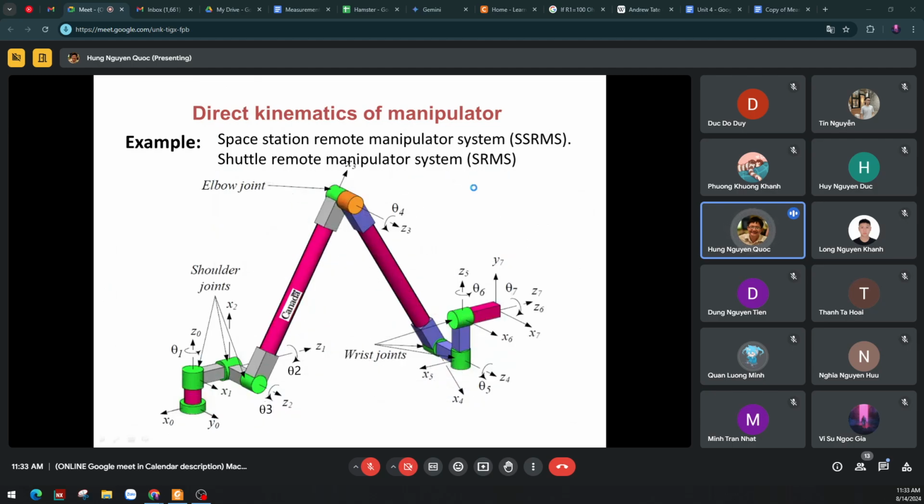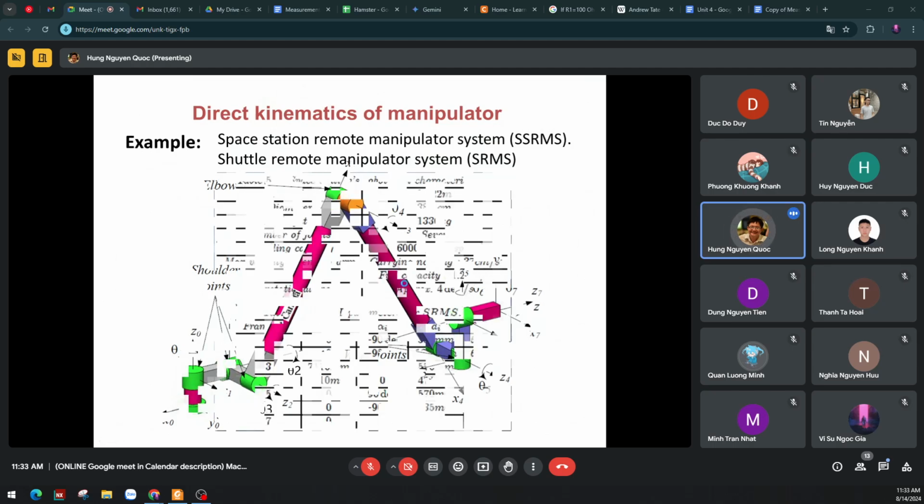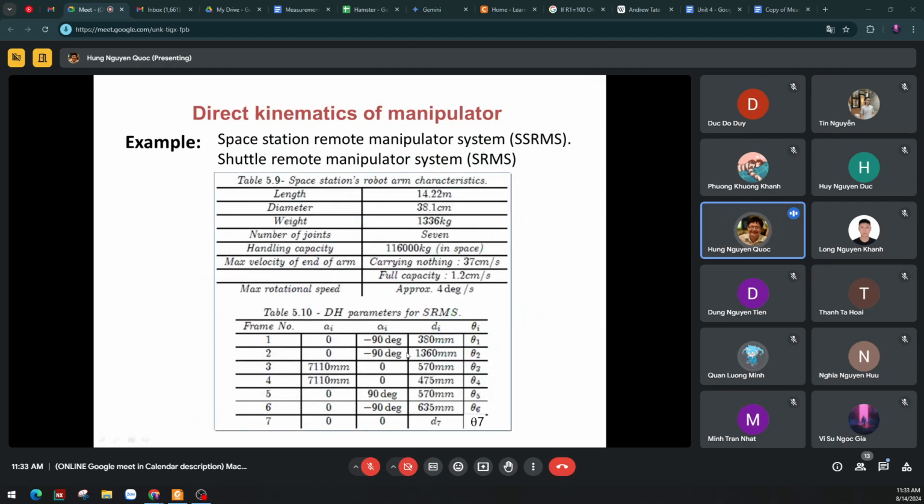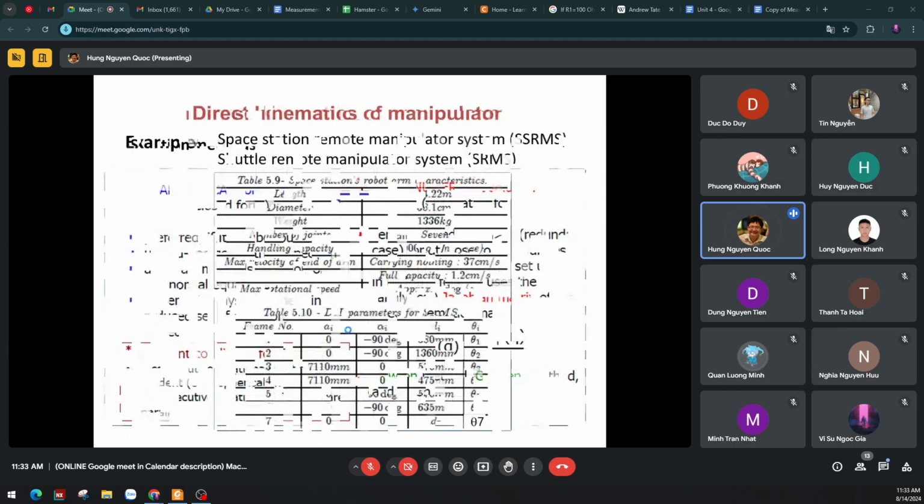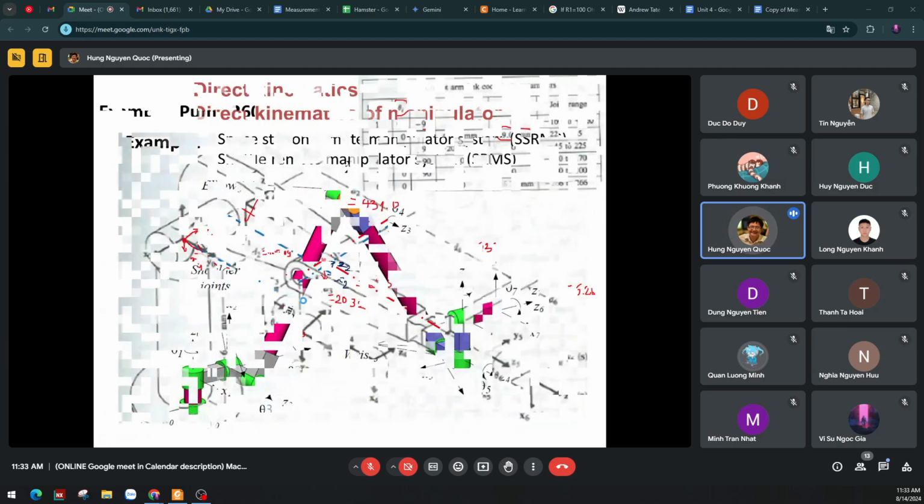It's very long. They use it to clean the space center. And of course you can have something like this. You should do all of this on your own.